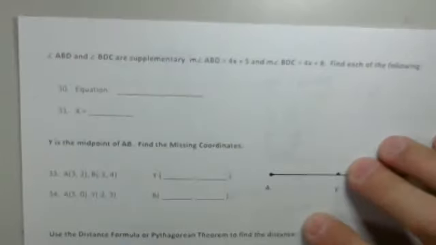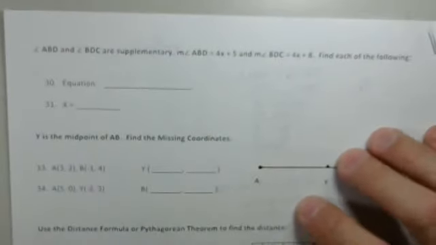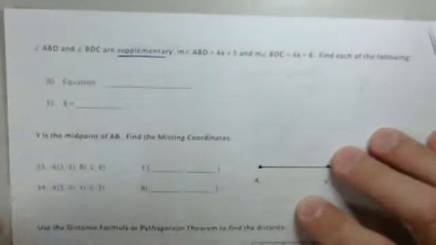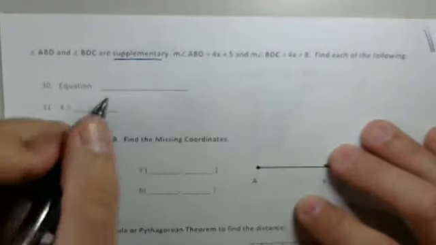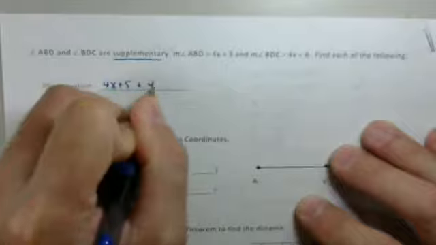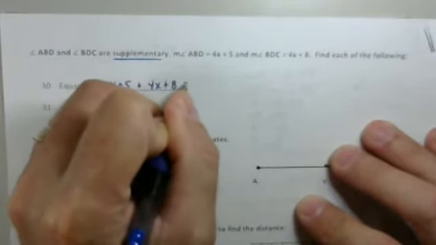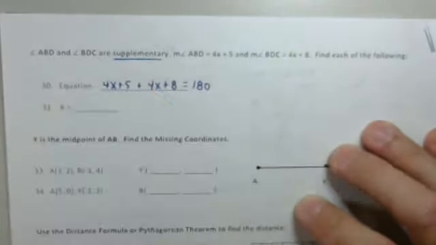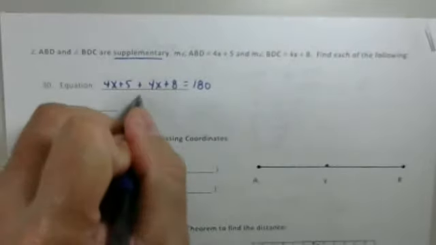Alright, so number 25. Actually 30 and 31. Okay, here they're supplementary, so they have to add up to 180. So the first angle plus the second angle have to equal 180. Again, collect like terms.